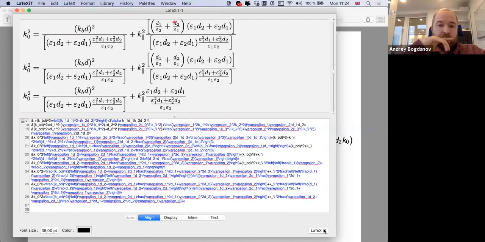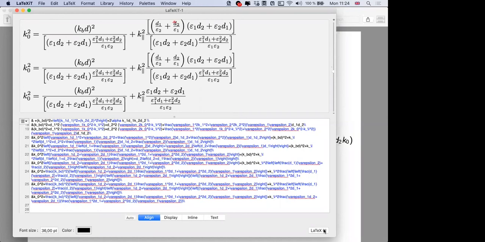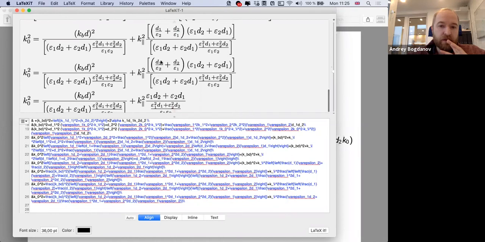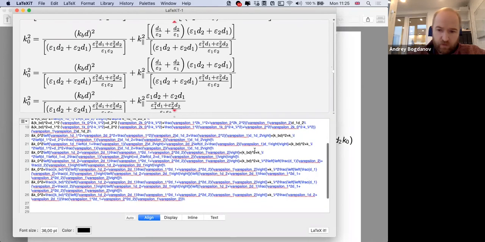And if I will multiply, but why? No, we shouldn't have epsilon 1, epsilon 2 in the last denominator. And in the numerator, we should have the same indexes, like epsilon 1 d1 plus epsilon 2. I see, d1 over epsilon 2 it should be. Yes, I agree. So it's a fraction. Okay.